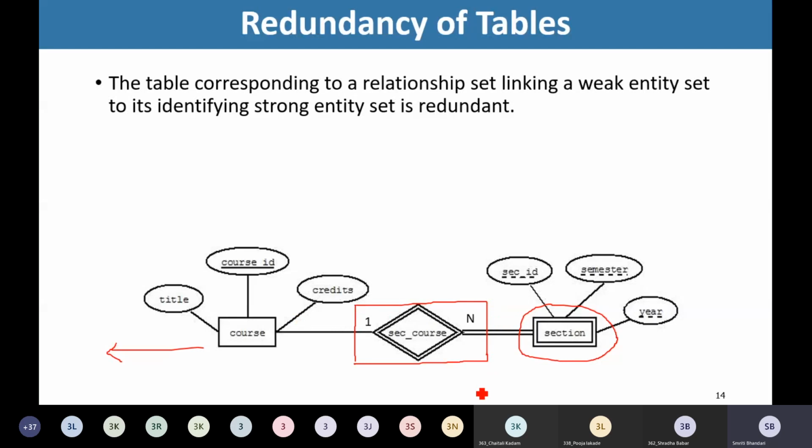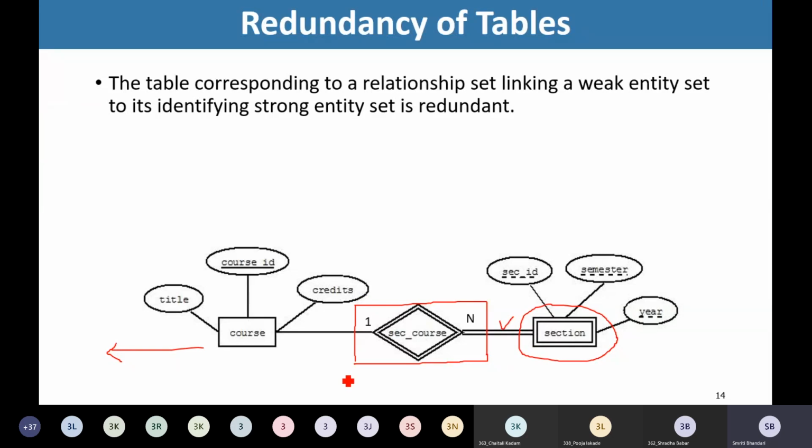Now, as we know, this relationship set between my weak entity set and the strong entity set is known as the identifying relationship set, and always this participation is total participation. So this weak entity set is participating totally in this identifying relationship set. And this is many to one or one to many.